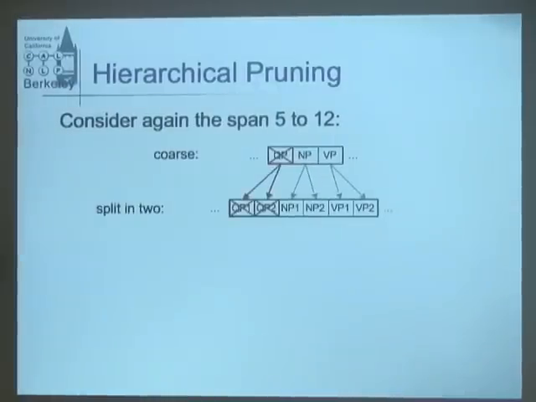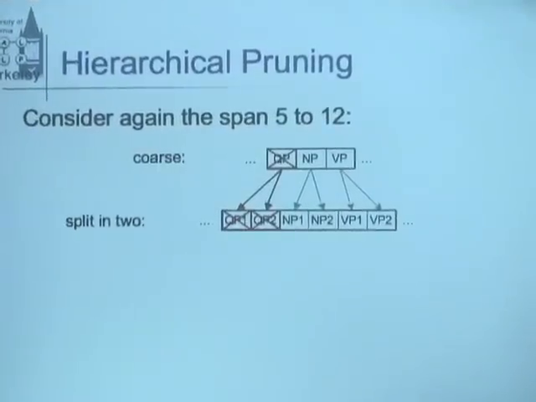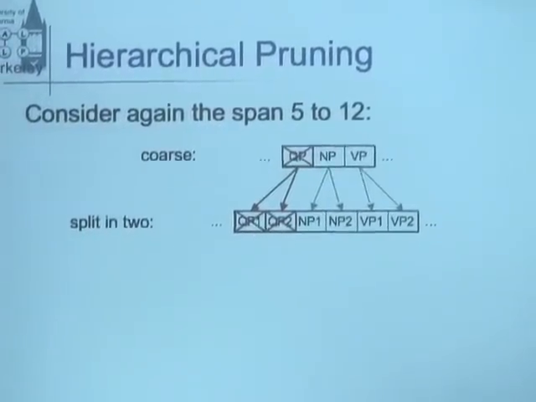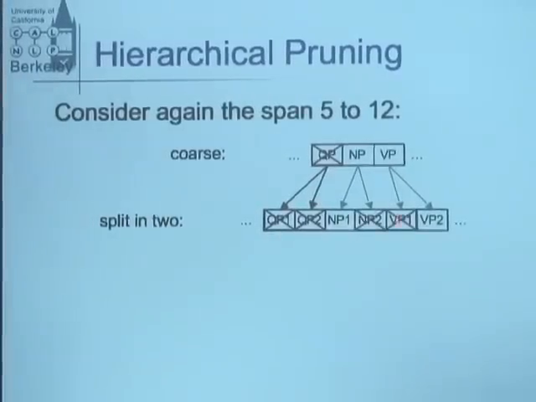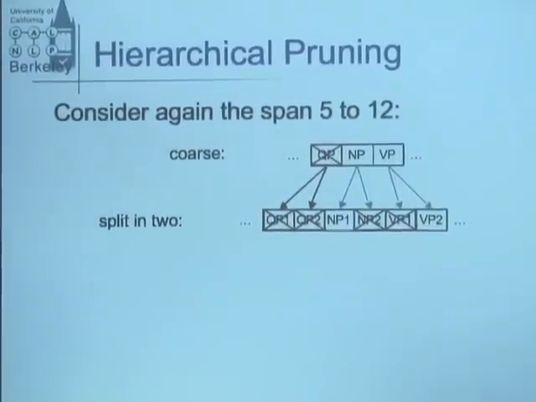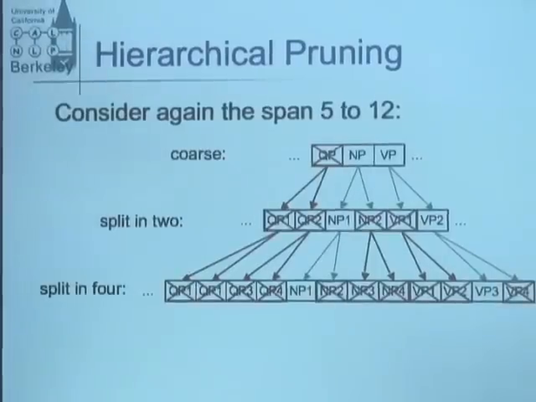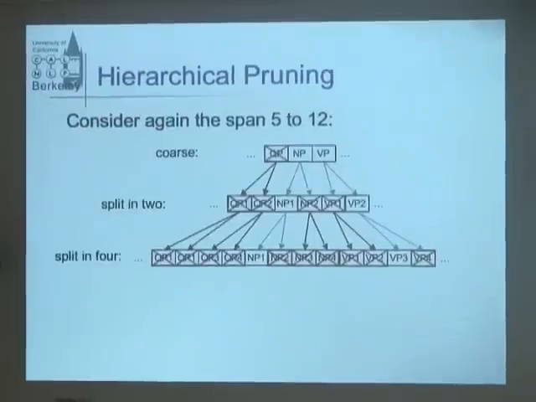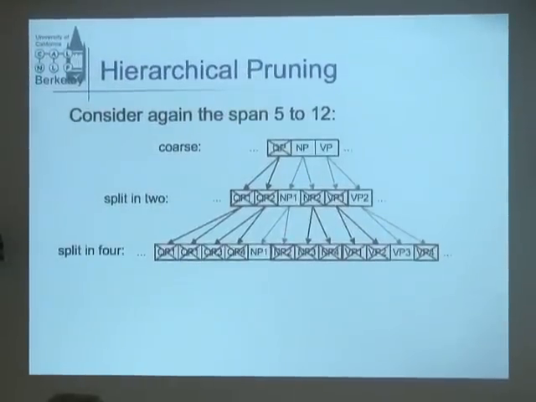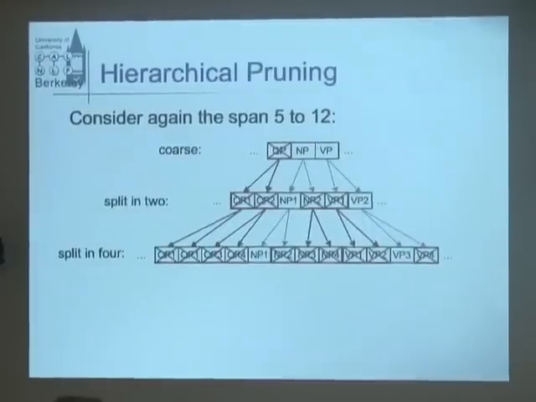Then we go to a grammar that has two subcategories, and there we can already skip over these symbols, but we need to compute the probabilities for NP1 and NP2. And we might say, well, NP2 and VP1 are not very likely, so in subsequent passes, everything that's a refined version of those categories can be skipped over. And we can keep doing this until we have reached the final parsing model, where we then do exhaustive parsing but just using those symbols.